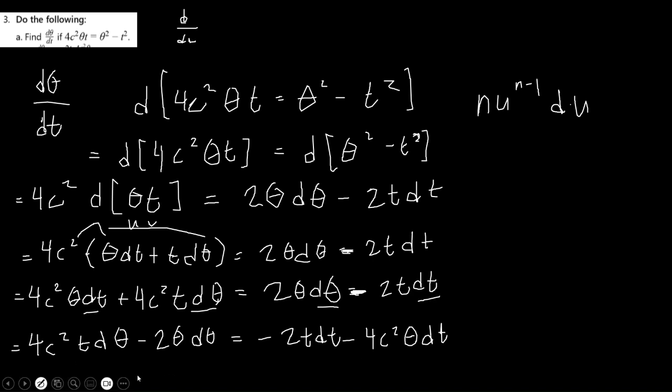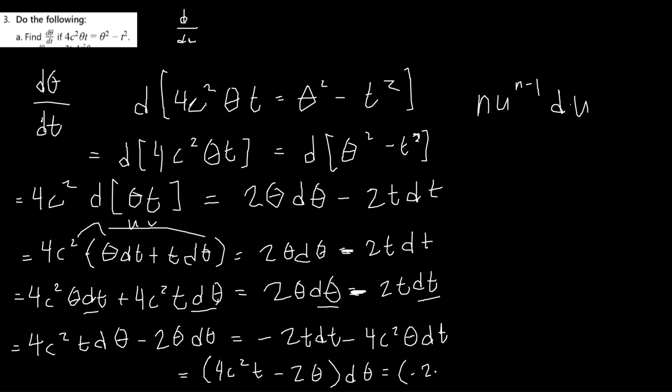Now we just have to factor these out, so this will become 4c squared t minus 2 theta times d theta equals negative 2t minus 4c squared theta dt.